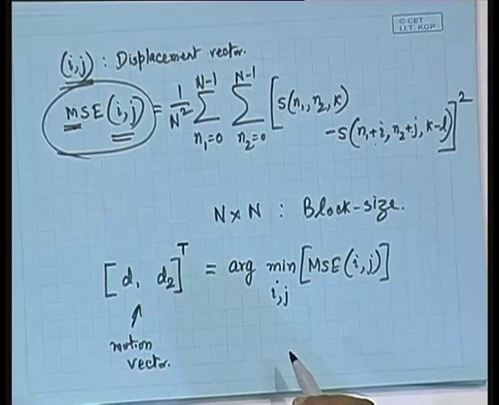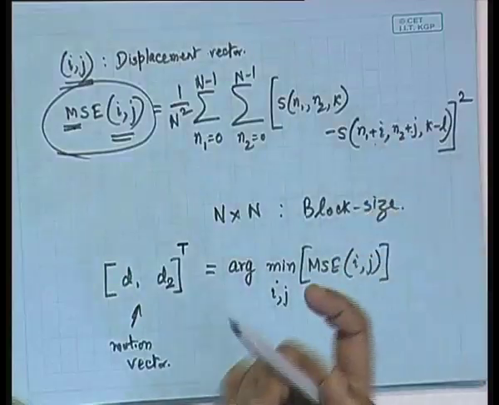If you are doing multiplication in software, you are going to take an enormous amount of time. If we are using a hardware multiplier within the chip, in that case the hardware is going to be very costly.